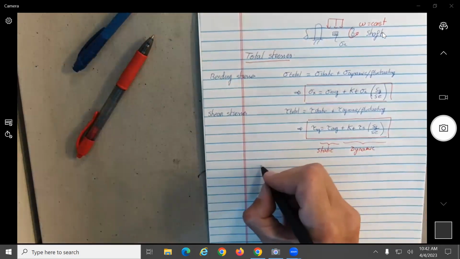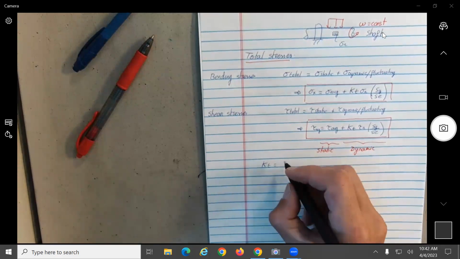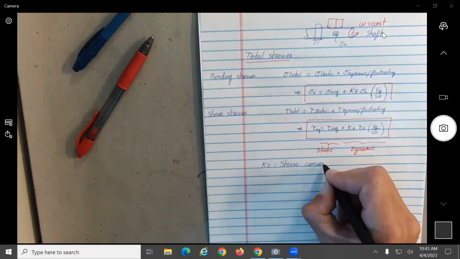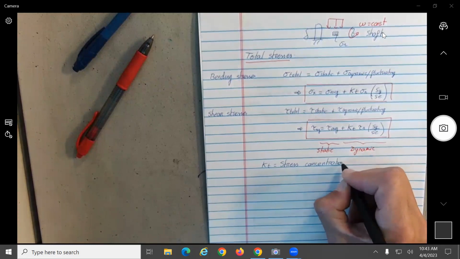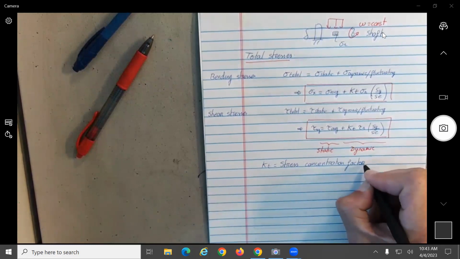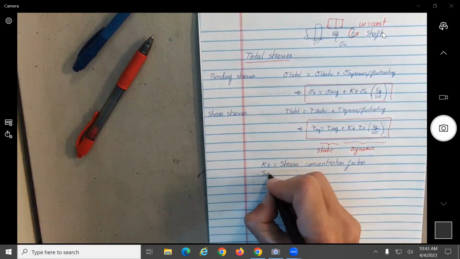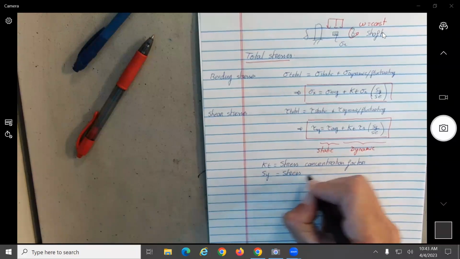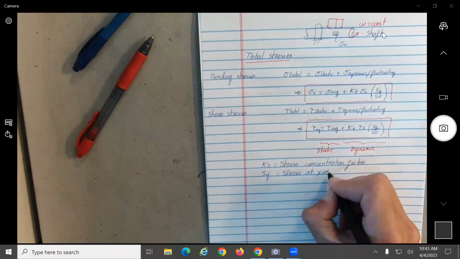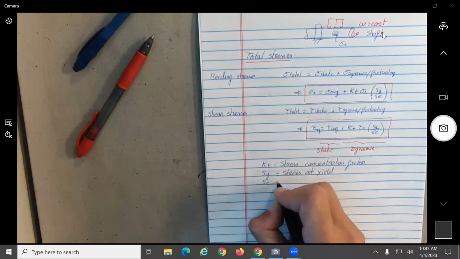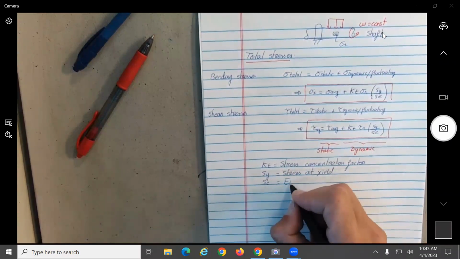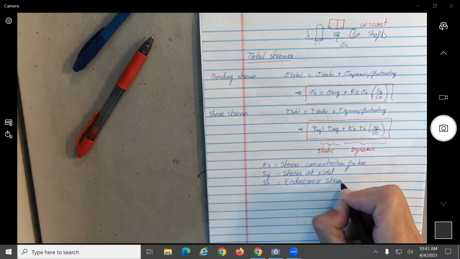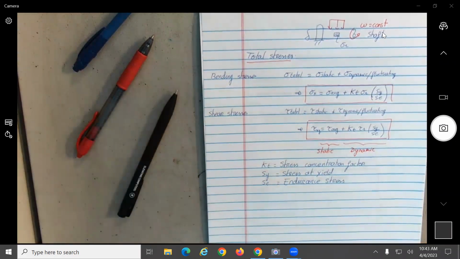So in these equations, K sub T is the stress concentration factor, Sy is the yield stress, and Se is the endurance stress.